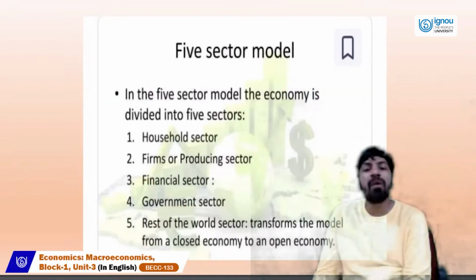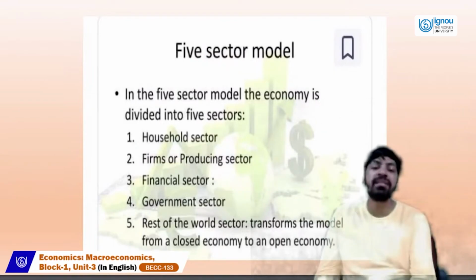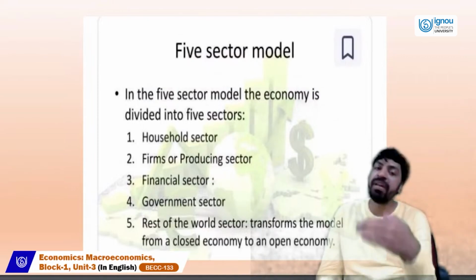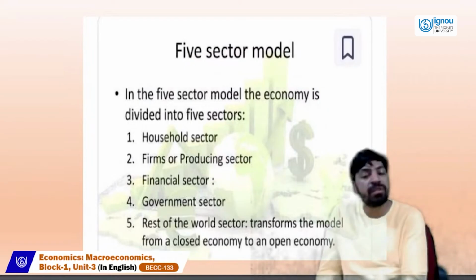So next we talk about the five sector model. The four sectors remain the same: the household, the firm or producing sector, the financial sector, the government sector, and the fifth, the new component, is the rest of the world.